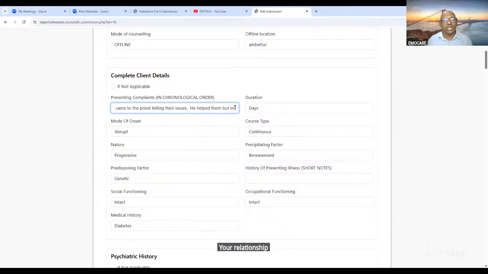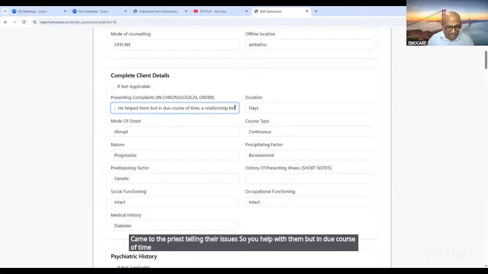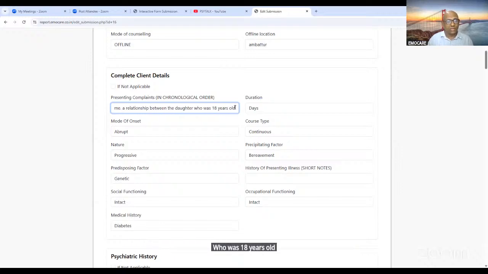He helped them. But in due course of time, a relationship between the daughter, who was 18 years old, happened. This relationship went for 2 years.